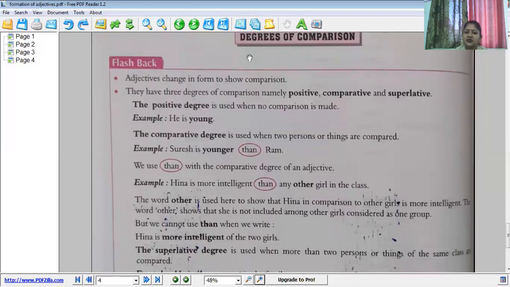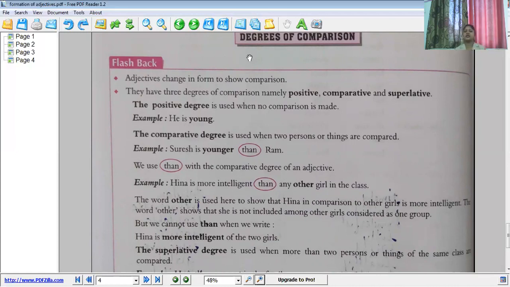Now, adjectives, they change in form to show comparison. Compare between two things. They have 3 degrees of comparison. Okay, they are the 3 degrees and they are positive, comparative and superlative. Now I believe you remember that last year also we had done positive, comparative and superlative degrees of comparison.